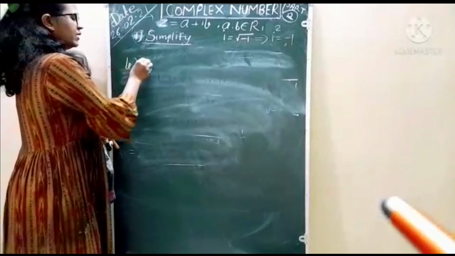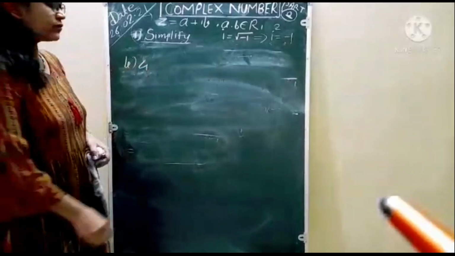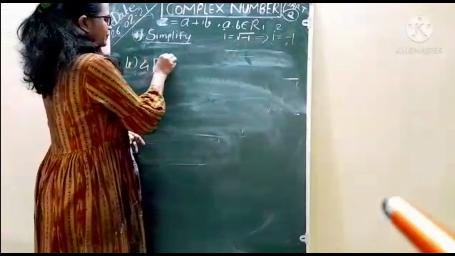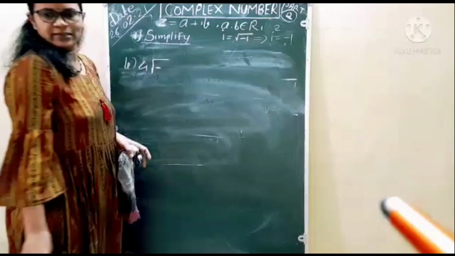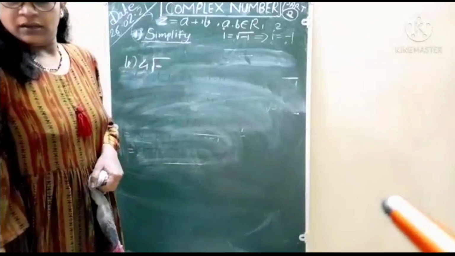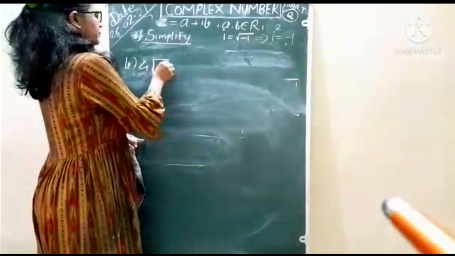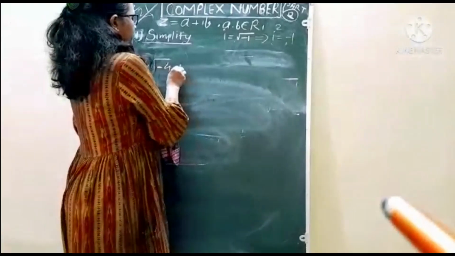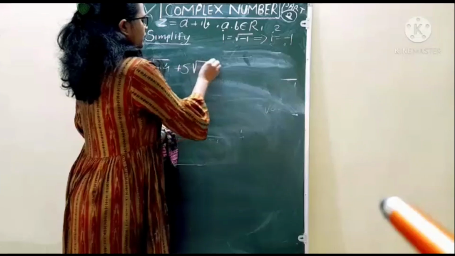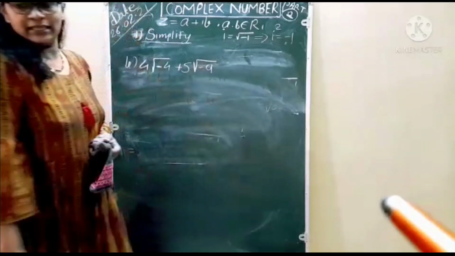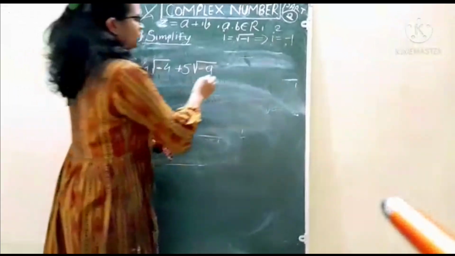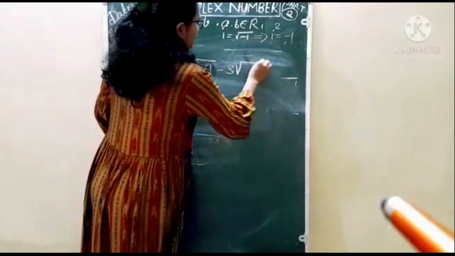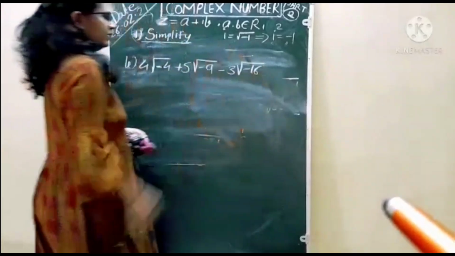That is 4 into root minus 4, then plus 5 into root minus 9 and minus 3 into root minus 6.